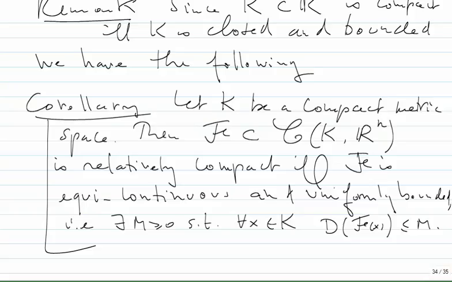Okay. So this, of course, is a corollary of the theorem of Ascoli and Arzela.